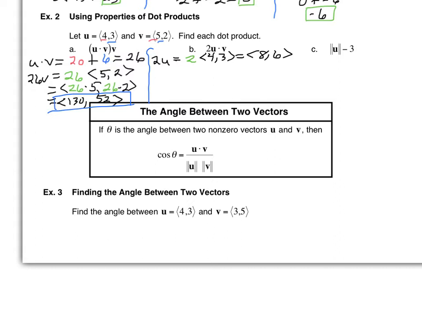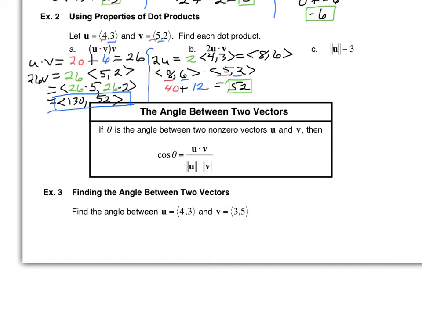Then we're going to take that 2u, 8, 6, and multiply it to v, which is 5, 2. 8 times 5, my x's, is 40, plus my y's, 6 times 2, is 12. And so I get an answer of 52. So this time I got a scalar answer.